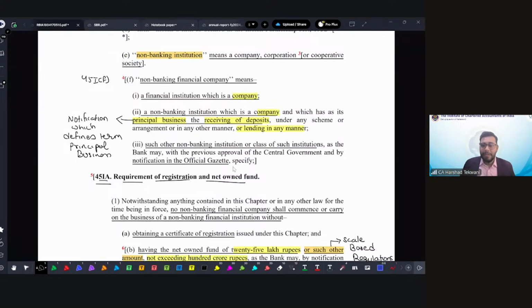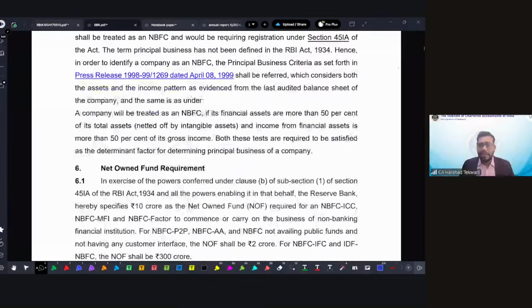Now, what does principal business mean? That notification talks about a rule which is 50-50, which is even also given in the scale based regulation. The term principal business is defined in this regulation, which talks about if the NBFC, if a company has financial assets more than 50% netted off by its intangible assets, and income from financial asset is more than 50% of its gross income, in that case, that company satisfies the requirement of the principal business test.